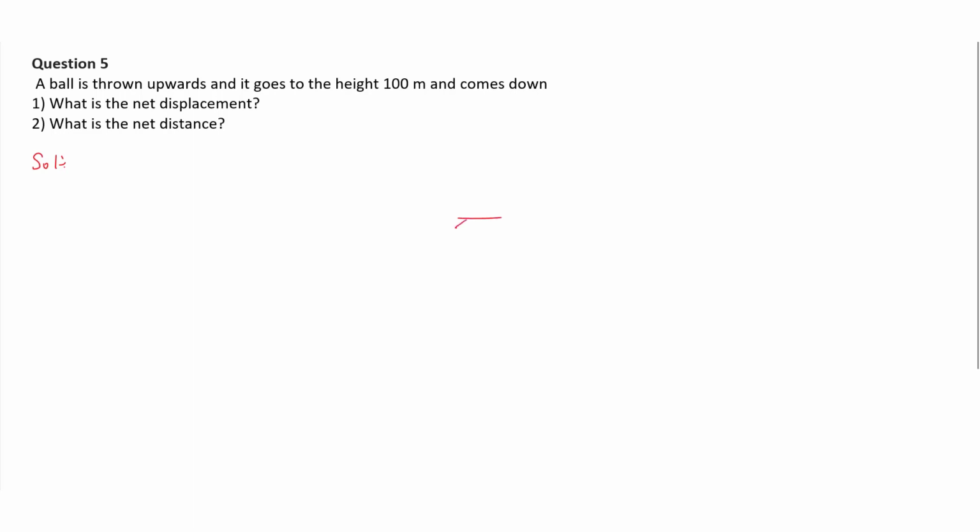Considering this to be our ground, the ball is thrown from this position to this position. The total height from here to here is given as 100 meter. So height is 100 meter, nothing but we can say s is equal to 100 meter.